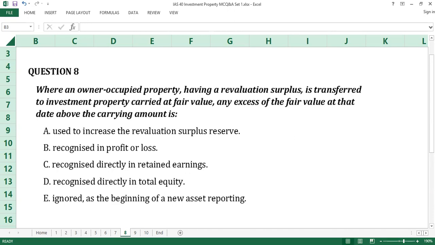Time counts. Ten seconds gone. Twenty seconds gone. Time up.